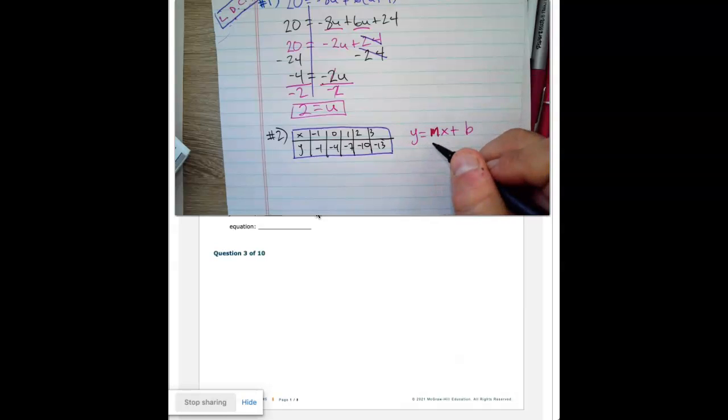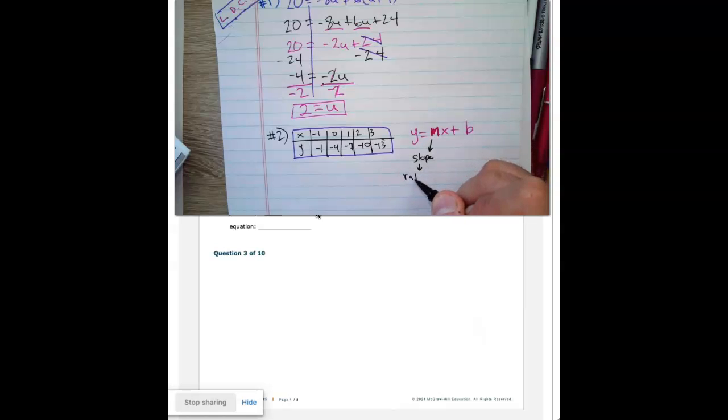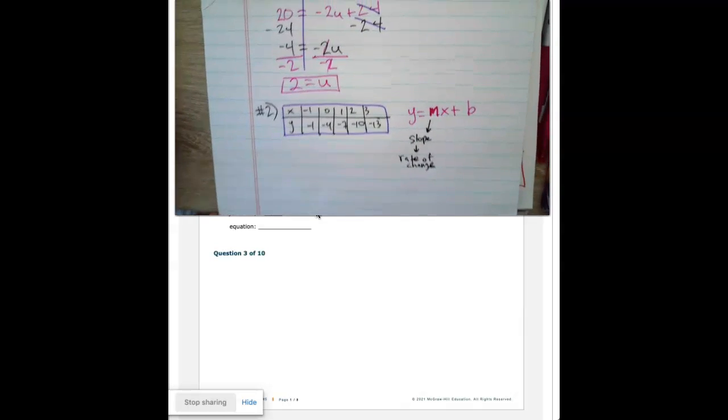Remember, m tells you how to move. It's aka the slope. It's aka the rate of change. And so there's quite a few words or phrases here that are associated with these main components of a linear function.